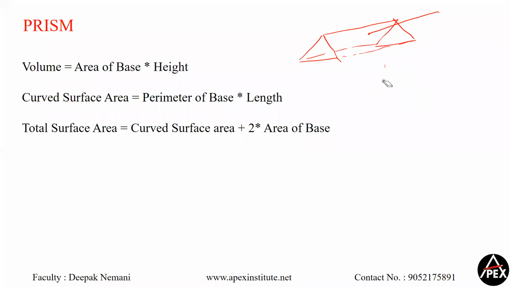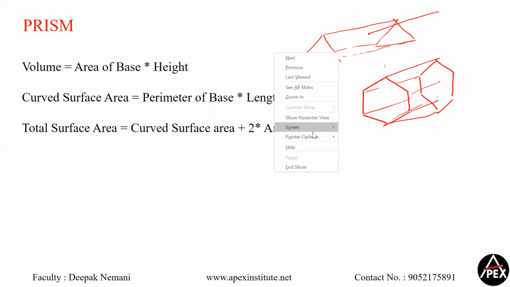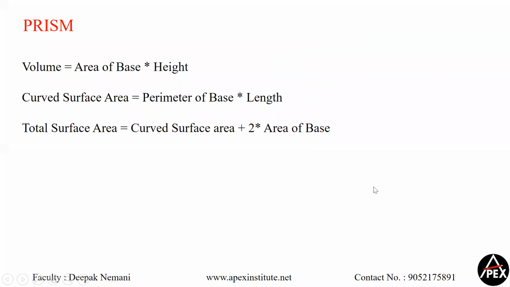If I have a prism like this, it will be a hexagonal prism. So the property of a prism is that it should have a uniform cross section throughout its length. That cross section can be of any type. It can be a triangle, a square, a rectangle, a hexagon, octagon, decagon. It doesn't matter.